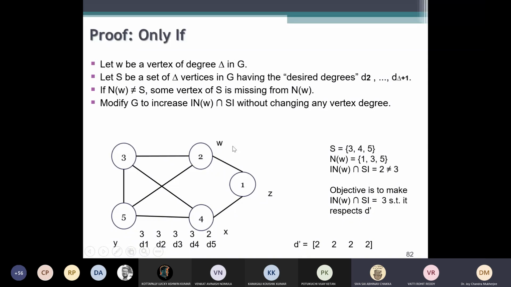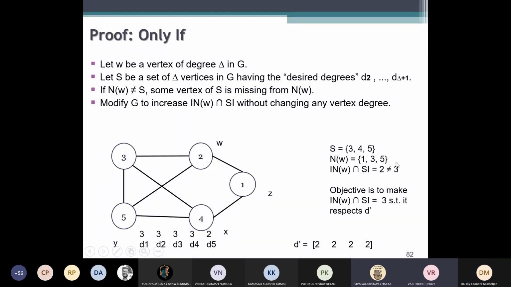Then the neighbor of W is 3, 5 and 1, and my S is 3, 4, 5, because vertex 3, vertex 4 and vertex 5 have degree 3. So that is my S. But the neighbor of W is not equal to S. My neighbor of W is 1, 3 and 5.